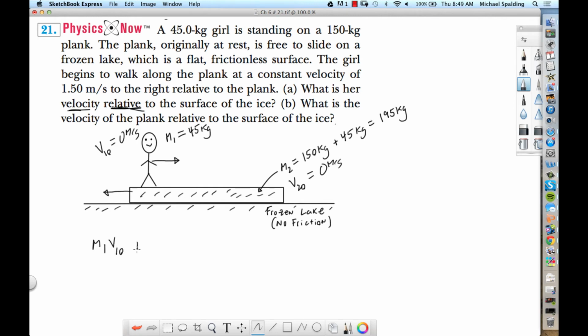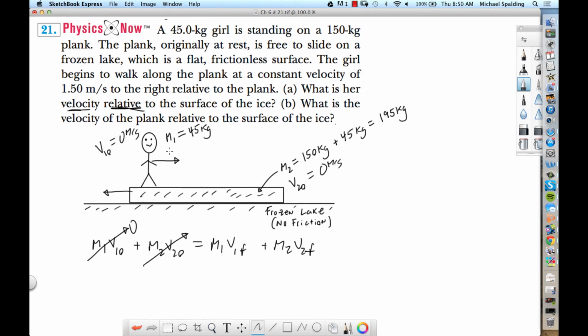m1 v1 initial plus m2 v2 initial is equal to m1 v1 final plus m2 v2 final. What is the total starting momentum? Does the girl have any momentum before she starts to walk? No. Does the plank have any momentum before she starts to walk?